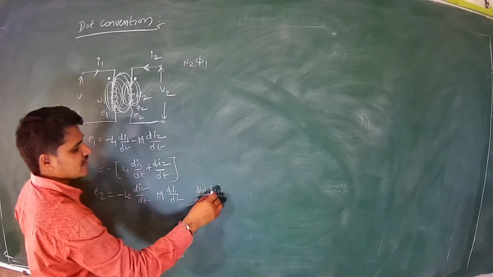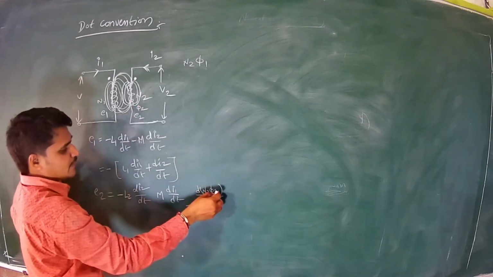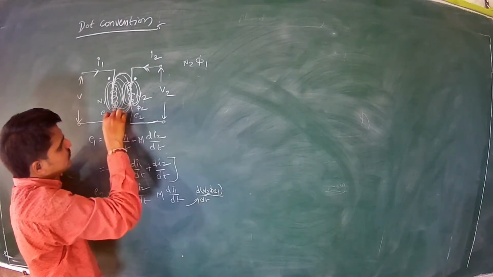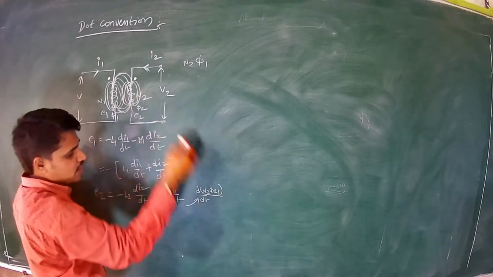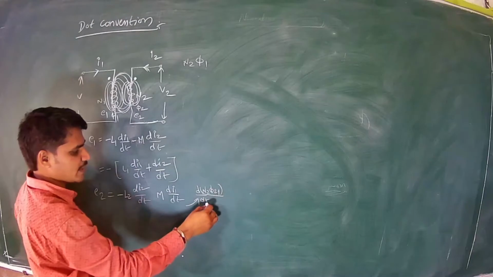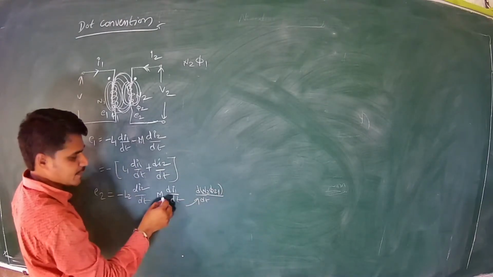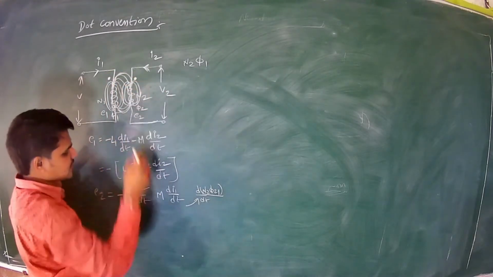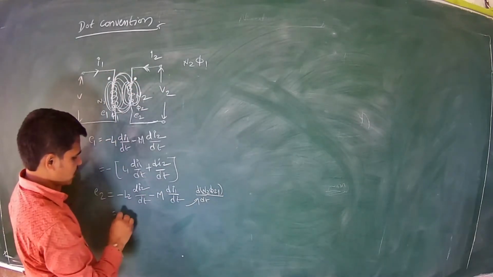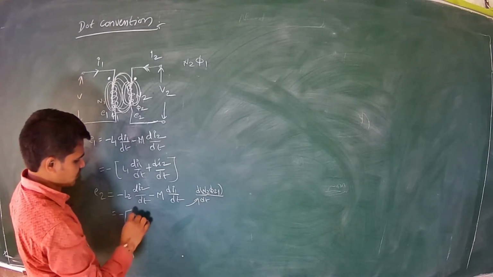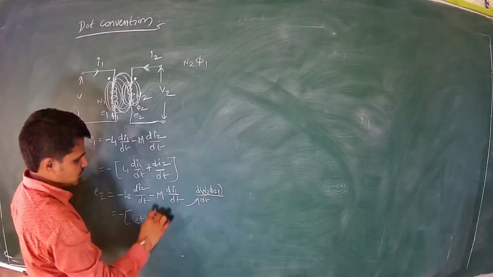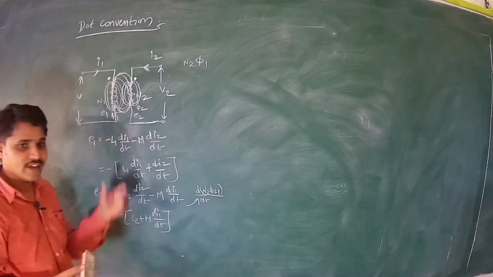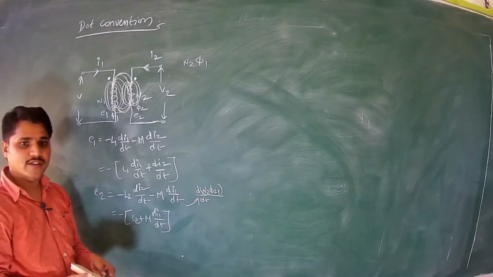That means the flux linkage in the second coil is because of the current flowing in the first coil. This phi 1 is linking with the second coil. Therefore d of N2 phi 2 1 by dt is the reason the mutual induced EMF is induced. Because the current is entering the dot, it is minus. Therefore, taking the minus common, it is minus of L2 plus M into di1 by dt. So this is why the dot convention is important.